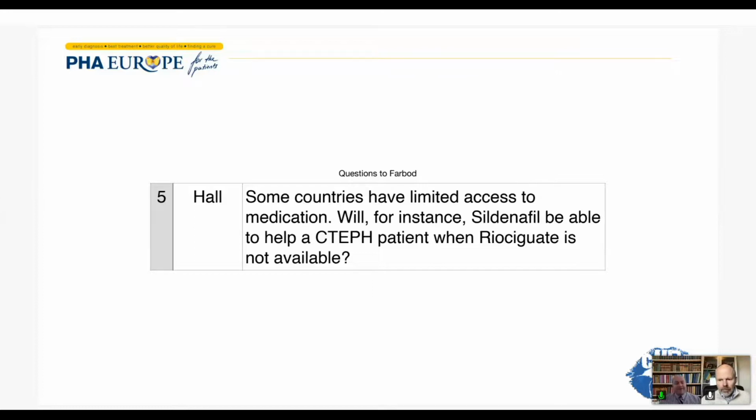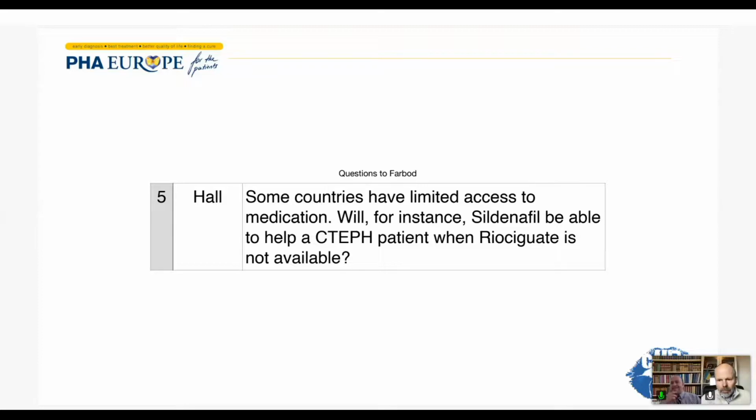One of the two references I have in the chat box is an article from 2018 about dual combination therapy, and the second agent was either riociguat or one of the tadalafil sildenafil family.